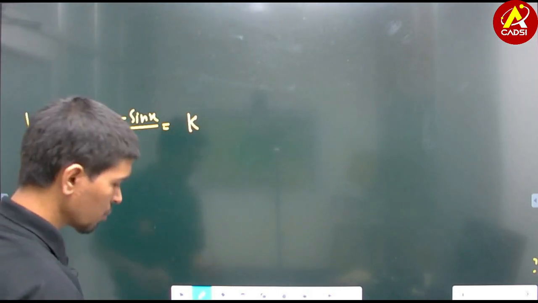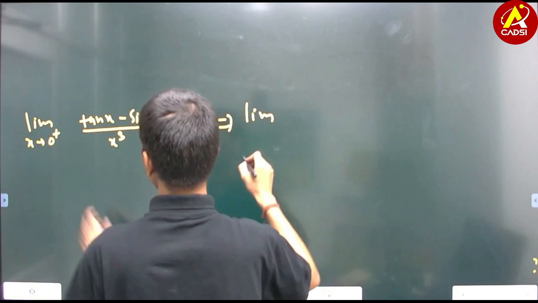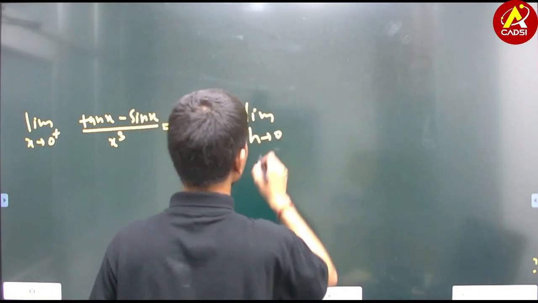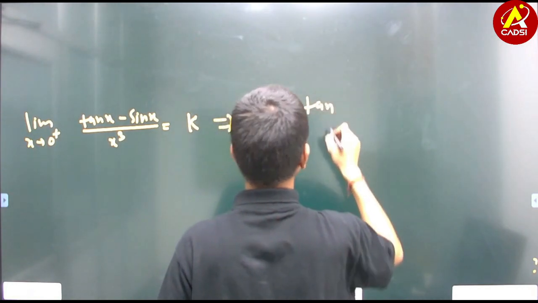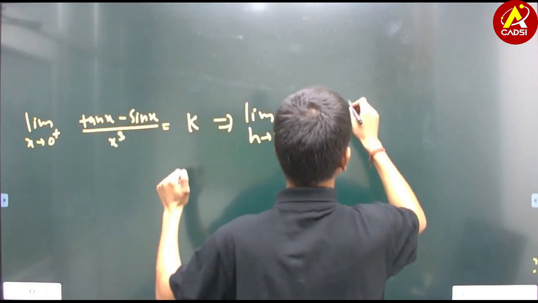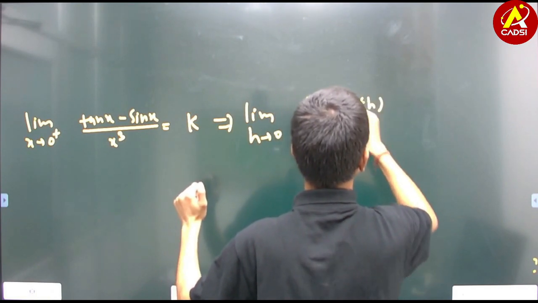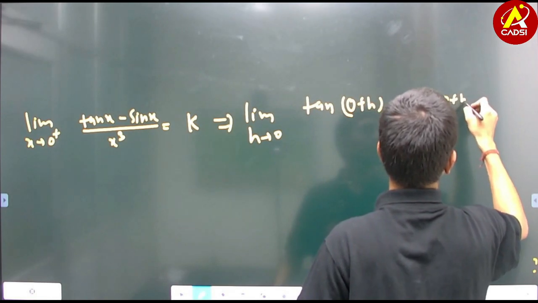So how can we solve this? Limit h tending to 0 of tan of (0 plus h) minus sine of (0 plus h), where x can be replaced by 0 plus h.